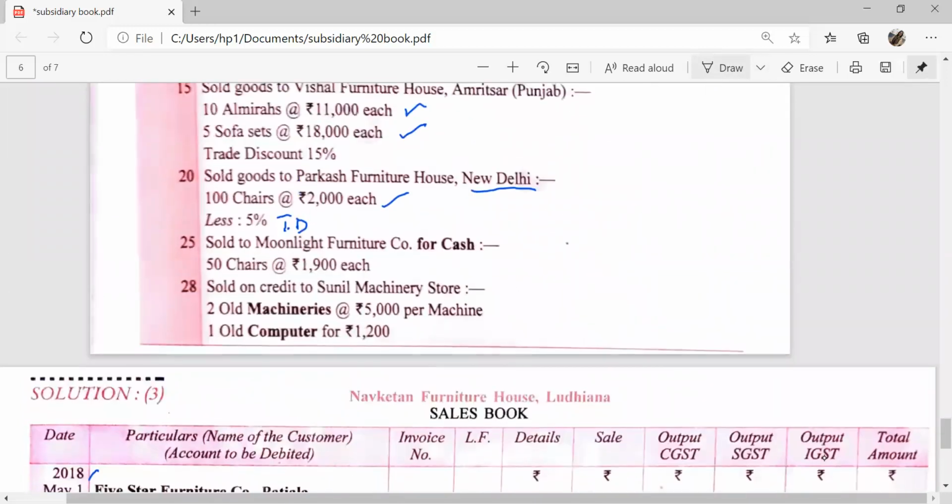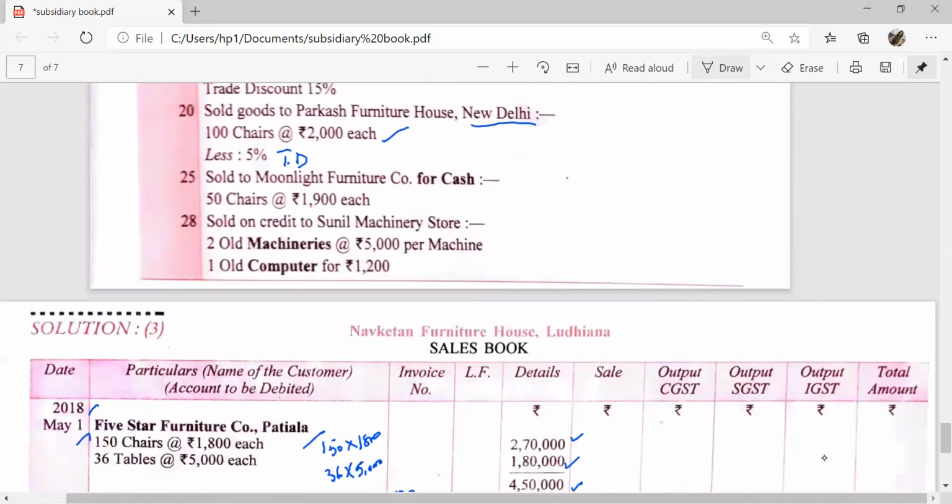On 25th May, sold to Moonlight Furniture Company for cash. Here goods are sold on cash basis, so it will be recorded in the cash book. We will not record this transaction here in the sales book. Next transaction, sold on credit to Sunil Machinery Store. He is a furniture dealer and he sold machinery on credit.